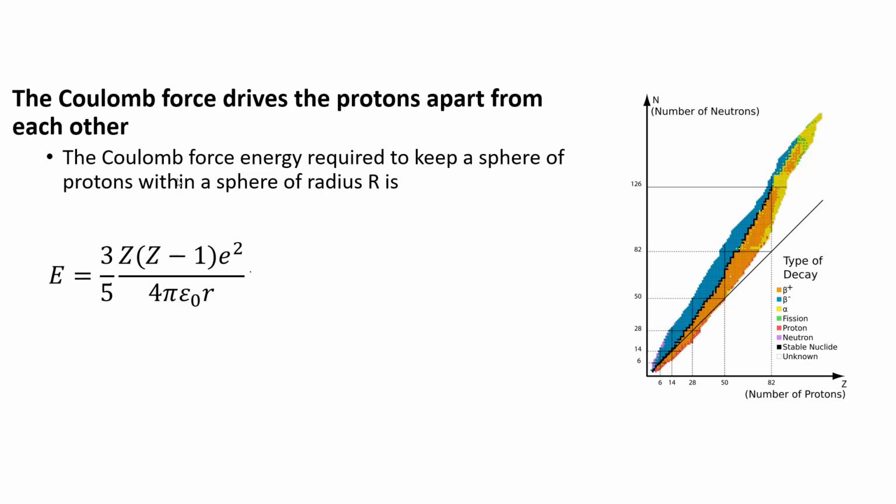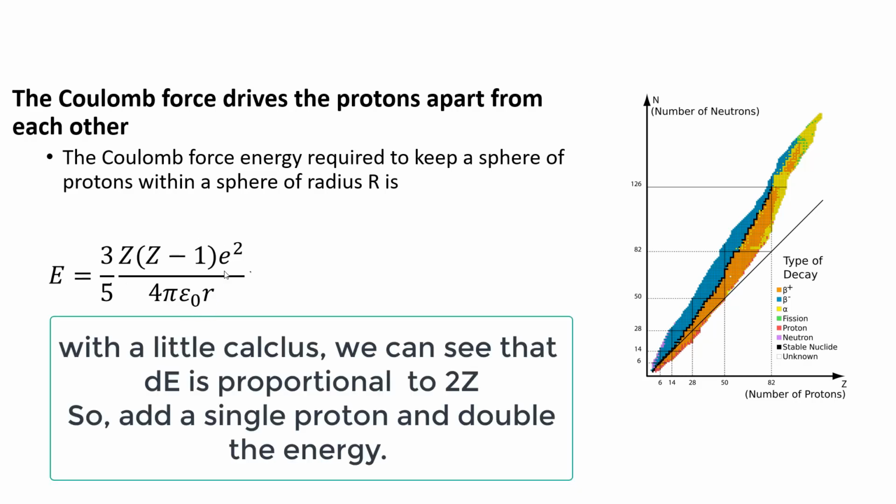A sphere is a decent approximation for the shape of a nucleus. That energy is given by this expression, and it tells us that the larger Z, or the larger number of protons, the greater the energy required to keep the thing together. With a little calculus, we can see that dE is proportional to 2Z, so add a single proton and double the energy.